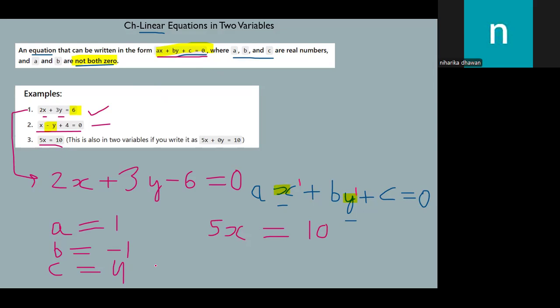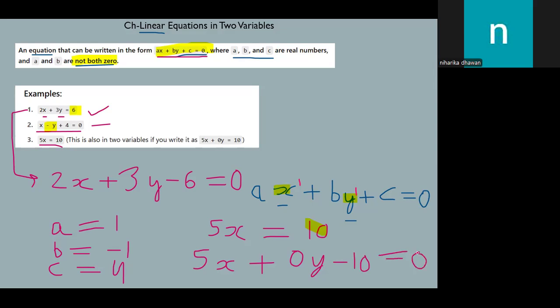So just to include that y term, we can write plus 0y. Why? Because 0y is equal to 0 only. Then if I shift this 10 to the left hand side, what will we get? Minus 10 equal to 0.